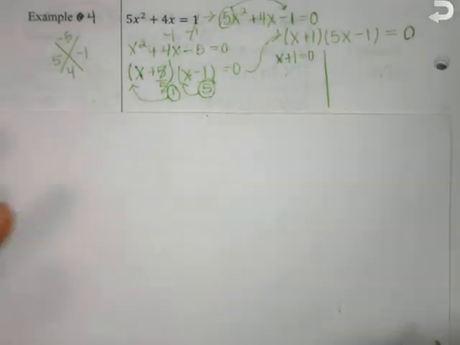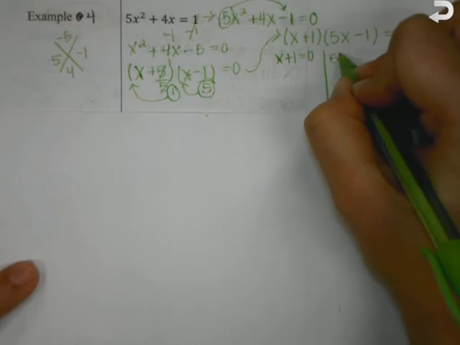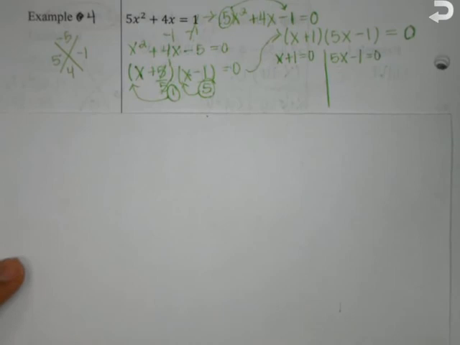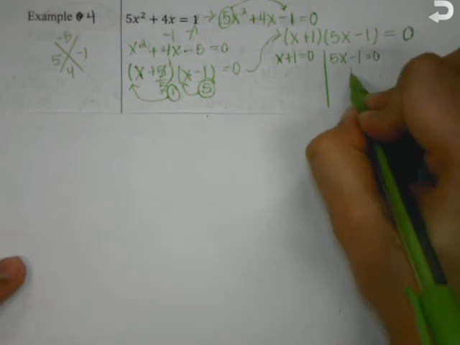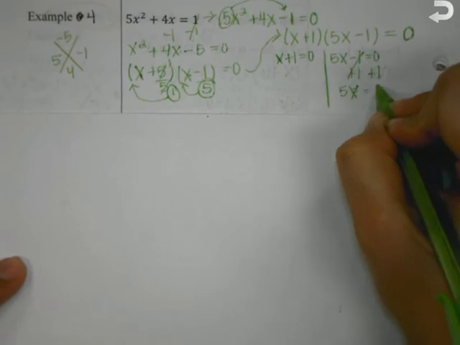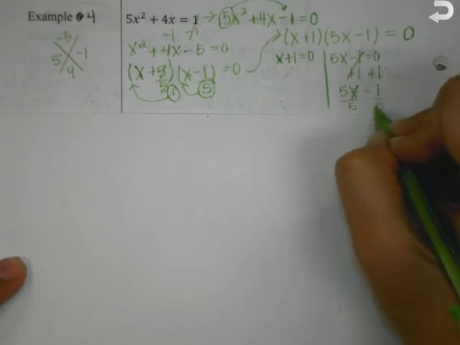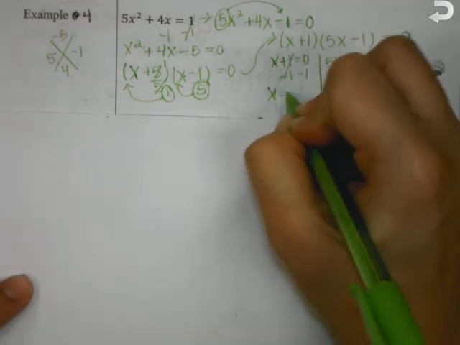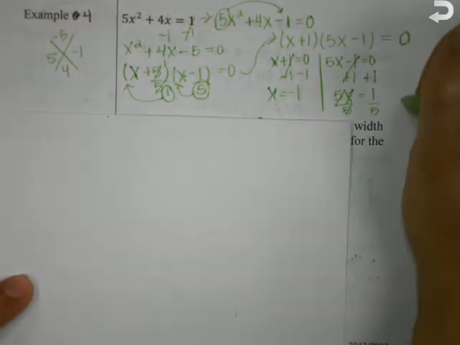What I want you to be aware of, you will get a fraction as one of your answers because you have to divide by 5. So one of your answers will come out to x equals negative 1, and the other one is x equals 1 over 5. Okay?